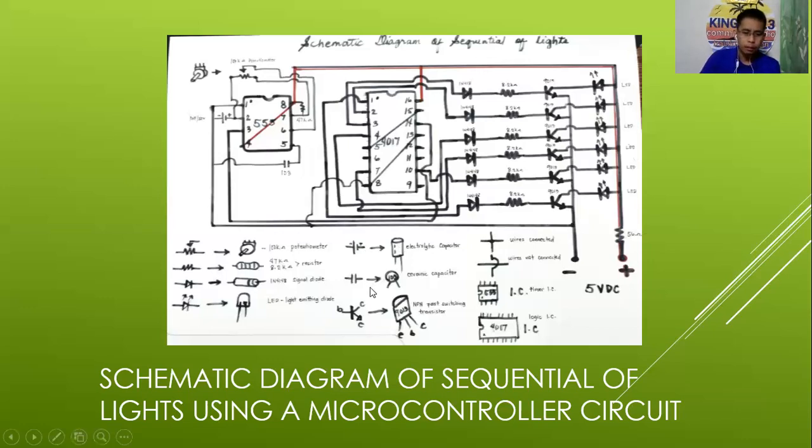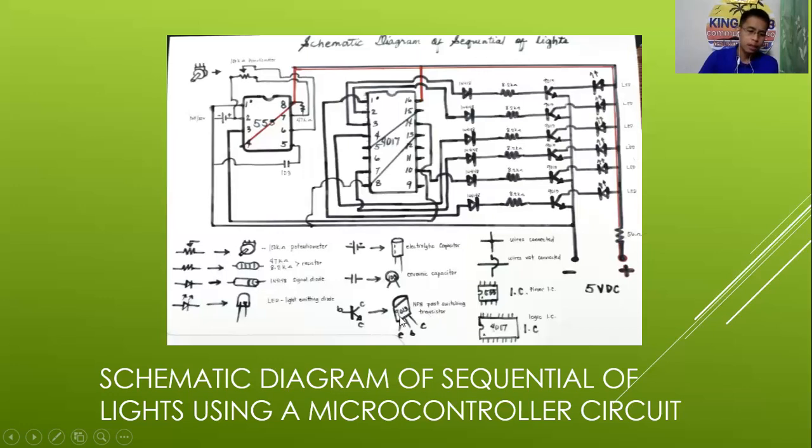Next is, by the way, the value of this electrolytic capacitor is 1 microfarad, 50 volts or 25 volts. Next is ceramic capacitor. The number or the value is 103. Ito pwede natin balik-balik rin because ceramic capacitor has no polarization.